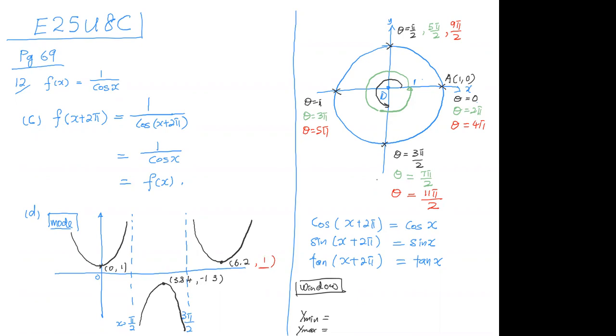You see, this is 1. This is negative 1.3. So you set your x minimum as negative 10, your y minimum as negative 10, then you will get maximum as 10, then you go to the graph, you will get the answer. Okay?